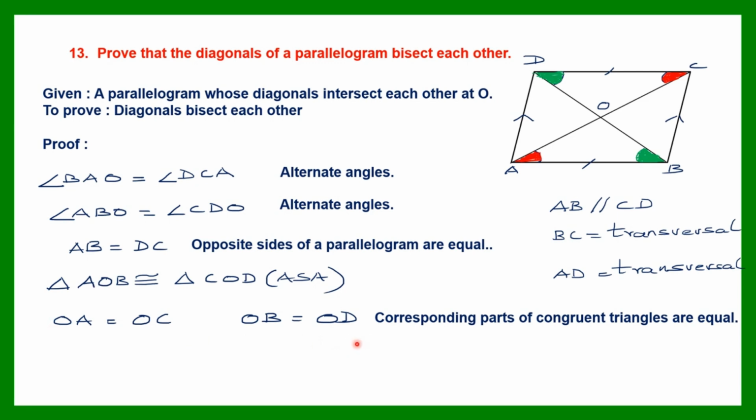That's why we say this. So that means we have proved it, isn't it? We have proved that they bisect each other because they are equal. Both sides are equal here. Corresponding parts are equal. So we say that these diagonals have bisected each other and hence we have proved it. Okay, so to prove it, these are all the steps you need to follow and at the end you have to say that you have proved it.